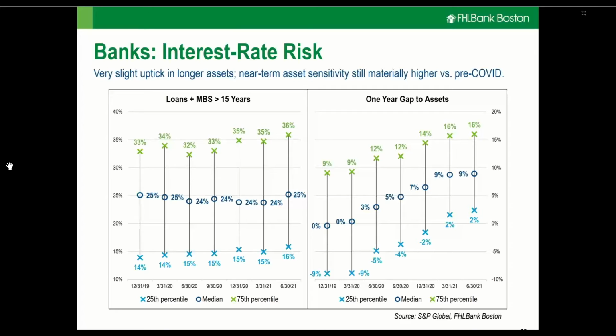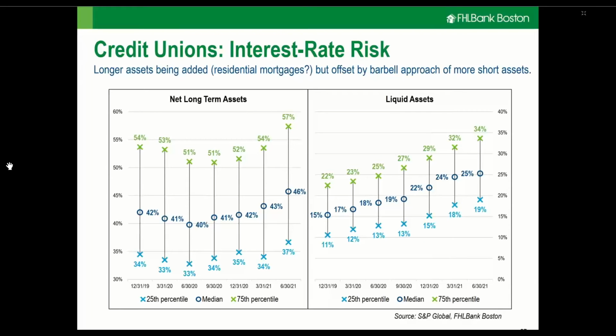Looking at a similar approach, but narrowly focused on credit unions, we have seen more long-term assets go onto the book. So you look at the trend on the left-hand side, looking at net long-term assets, we have seen a gradual tick up since March of 2020. And in fact, this last quarter really saw a quite significant jump higher in terms of those long mortgages and long MBS going onto the books.